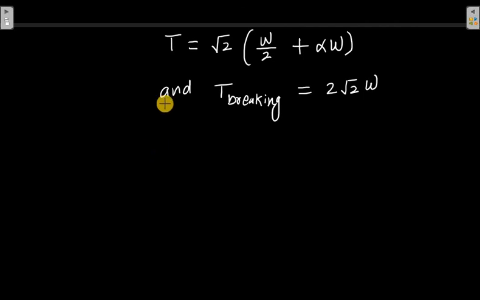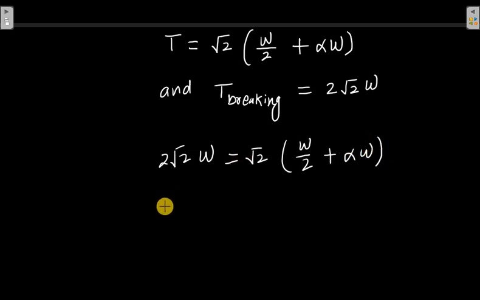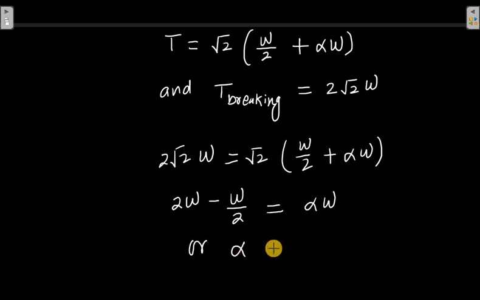So, we have to write the value of T breaking here and calculate the value of alpha. That is 2 root 2 W will be equal to root 2 times W by 2 plus alpha W. Or we can write 2W minus W by 2 will be equal to alpha W. Or we can write alpha will be equal to 1.5.